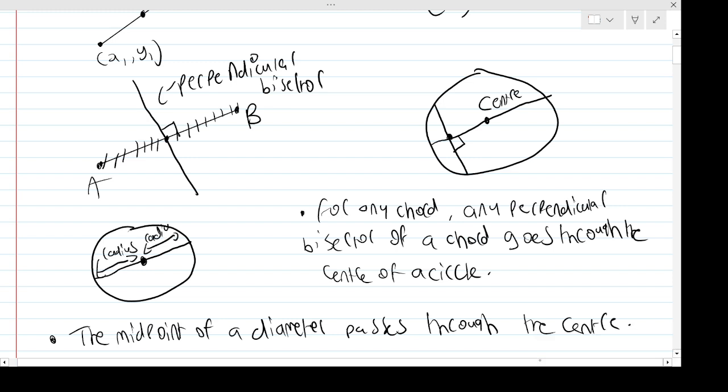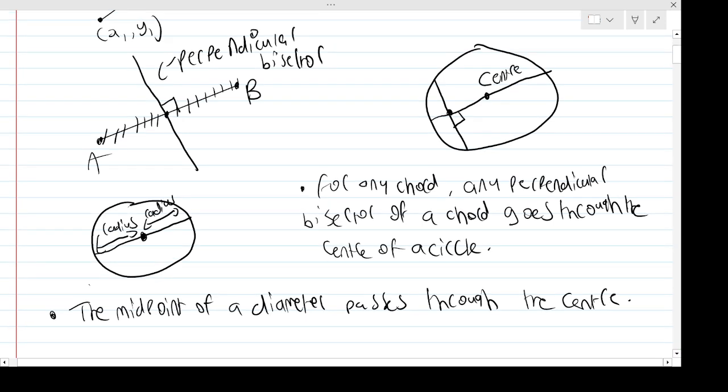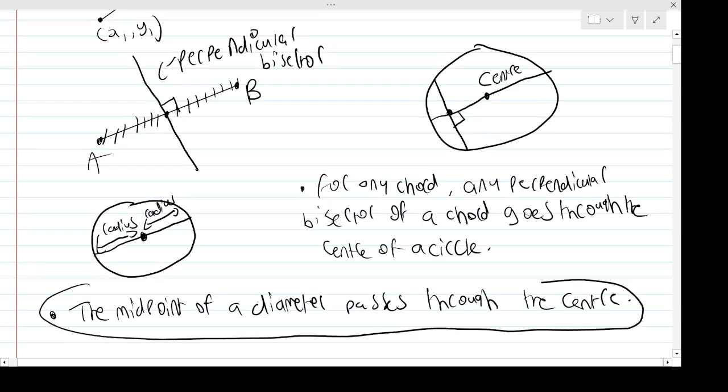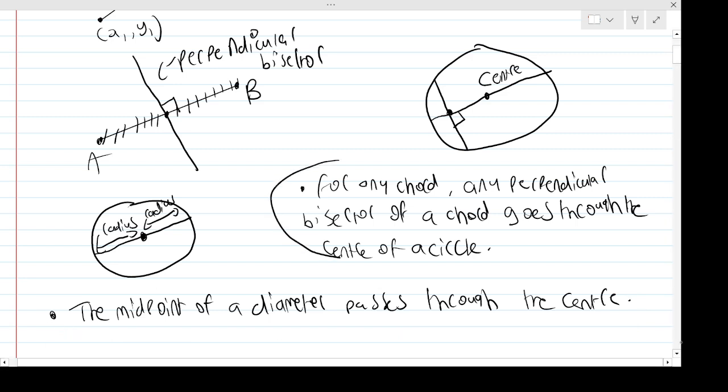So if it's halfway, then it has to be the centre. We will be primarily using this first point in this section. We will look more at chords and perpendicular bisectors later in the chapter, in another section, but I thought I'd do this little summary of ideas now.